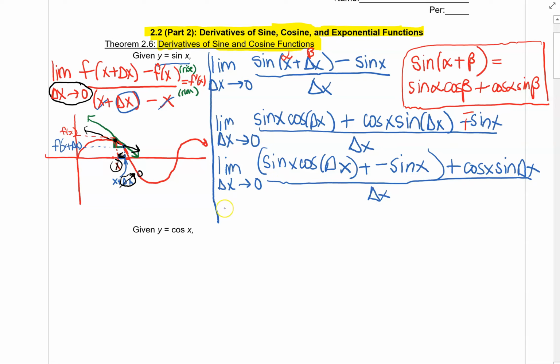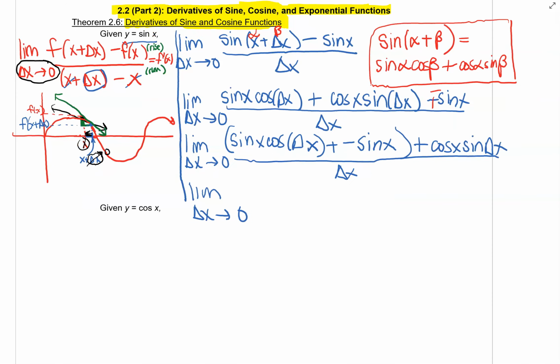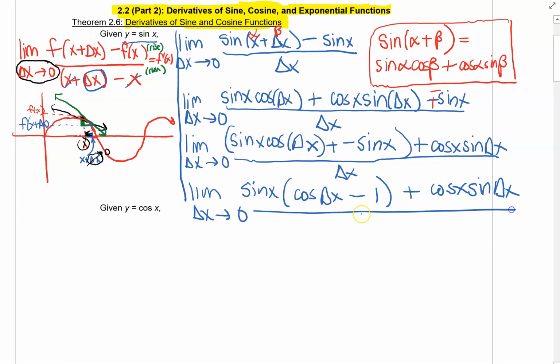Okay, so then I get the limit as delta x approaches 0. And then I'm going to factor out a sine x from this first part. And so I get sine x times cosine of delta x minus 1, plus cosine x sine delta x in the numerator, and that's all over delta x. Now what I'm going to do is split up the fraction, because there's a common denominator of delta x.